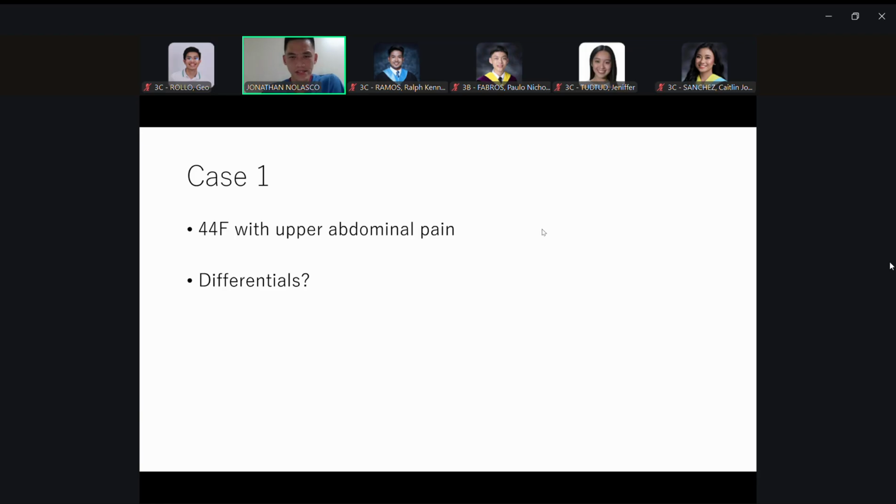Let's try to limit a bit. Instead of upper abdominal pain, now narrowed down to the epigastric area. I think all the differentials you gave will still be applicable, even if we narrow down a bit to epigastric pain, right? Gallstone disease, acid-related problems, they will still be here, right?